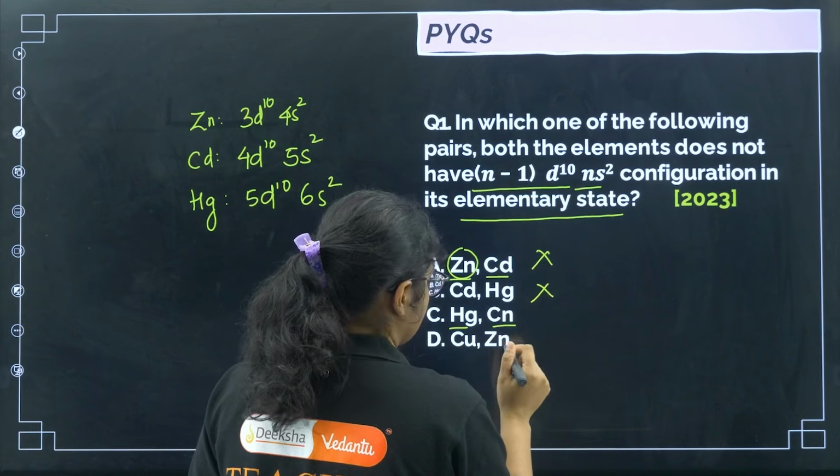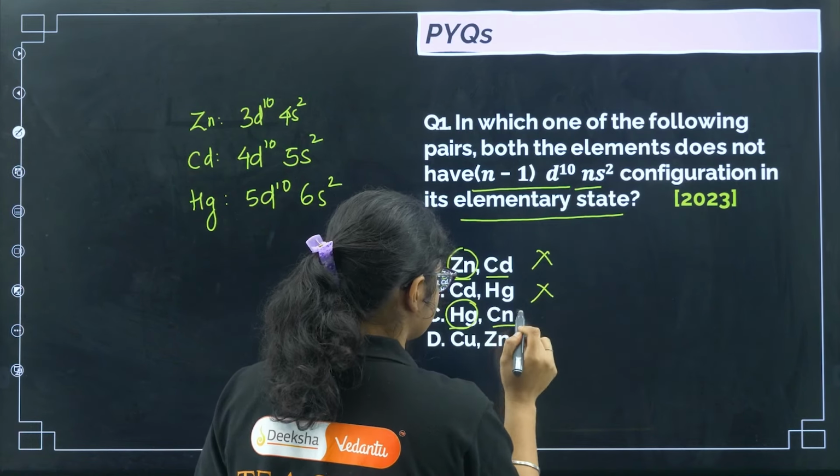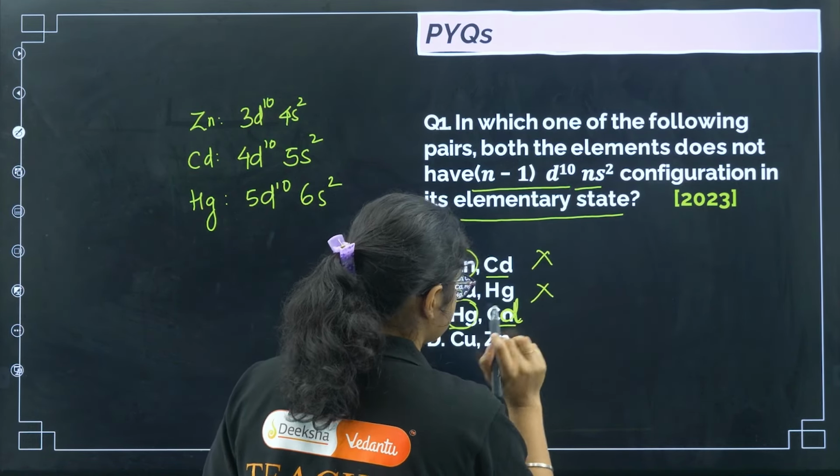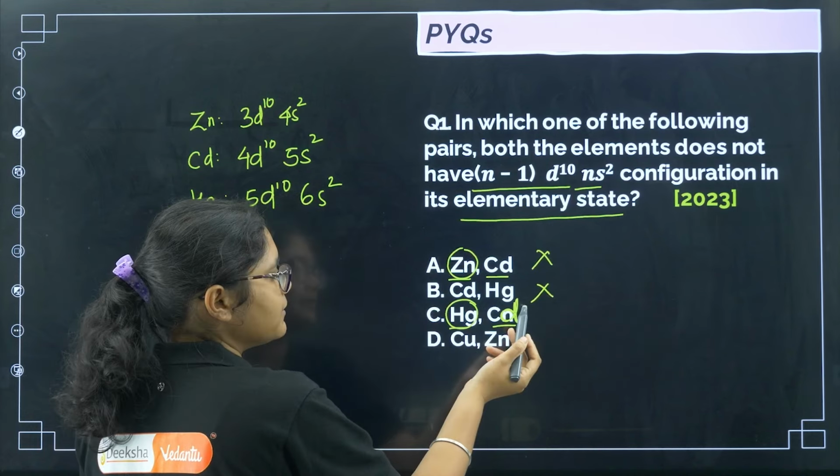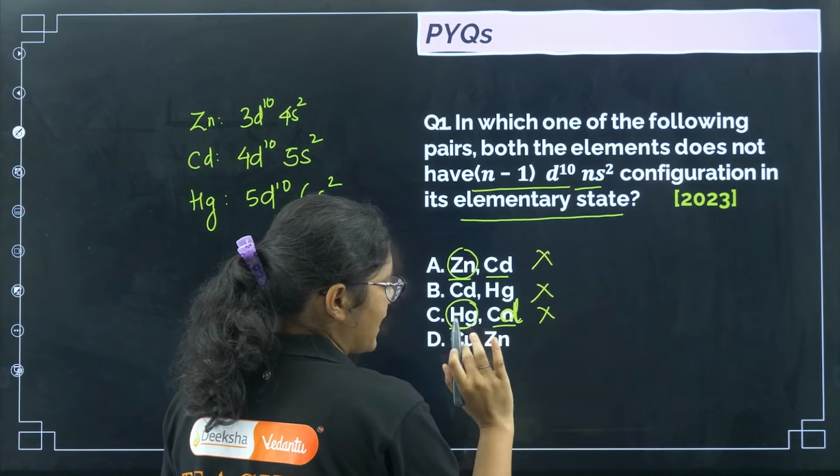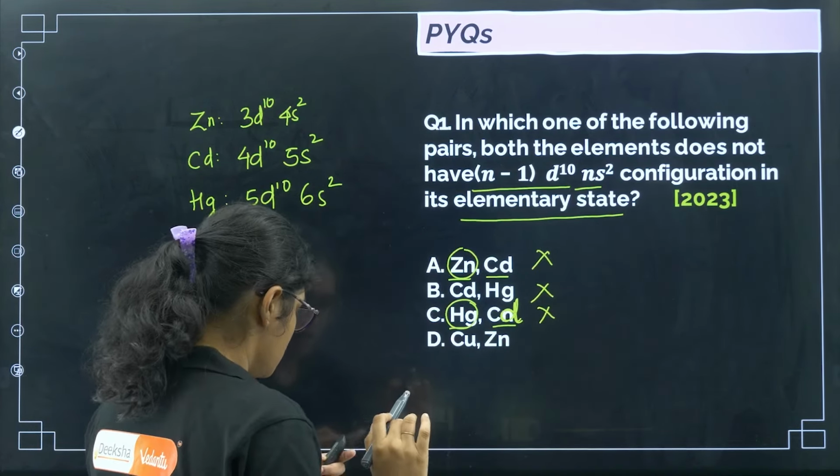Mercury and cadmium in the other option will also have the same, so we can eliminate it.